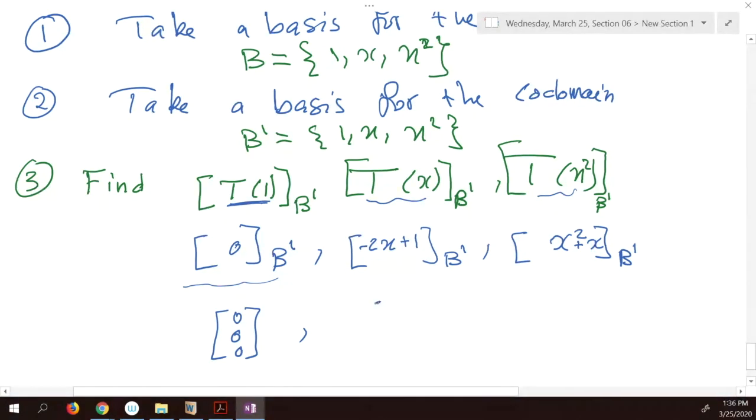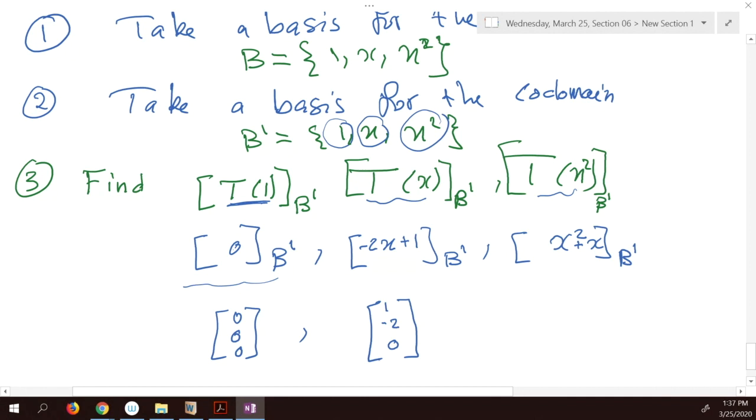So now, what is the coordinate vector here? 1, negative 2, 0. We have to follow the same order. Look, the order is 1, x, x squared, so the 0 is coming down.